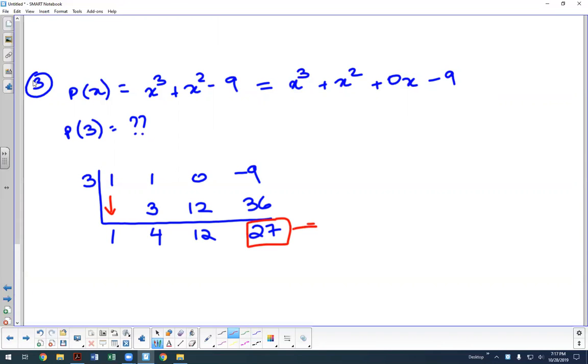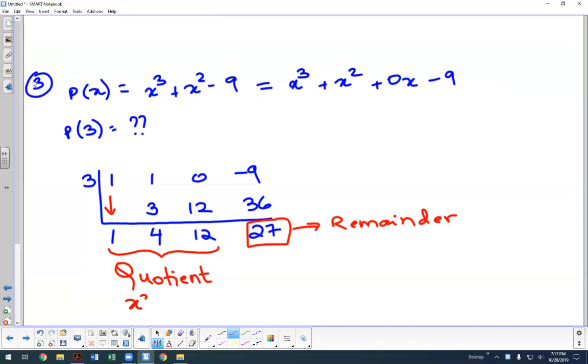So here is the remainder, always that last number. And then the first 3 terms will be part of the quotient. And what will that quotient be? x squared plus 4x plus 12. Yeah, so again, since my original polynomial was a third degree polynomial, the quotient is 1 degree less than that, which means this starts at x squared plus 4x plus 12.